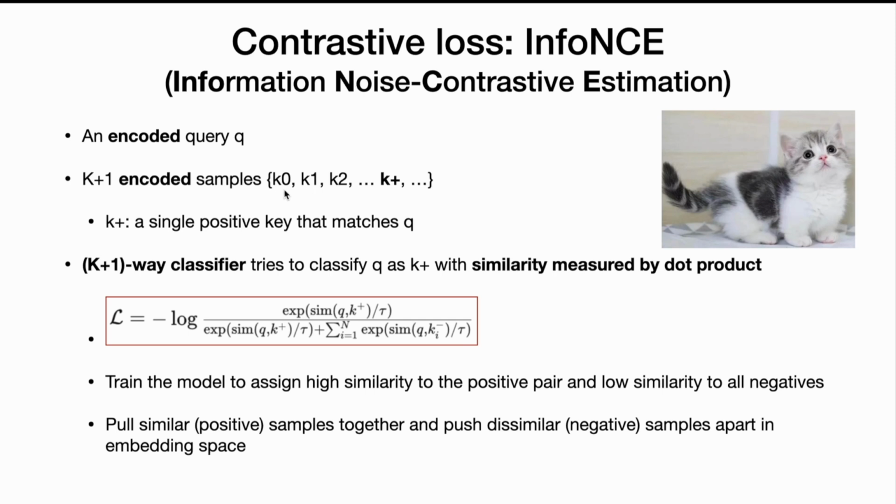We have a very large number of samples kept in the keys, and among them there is a single positive key. This positive key is exactly the one that matches the query, because basically the query and the positive key are different copies of the same image.